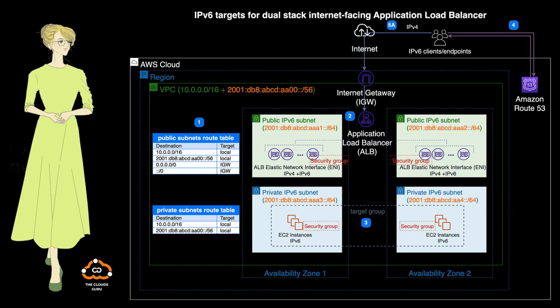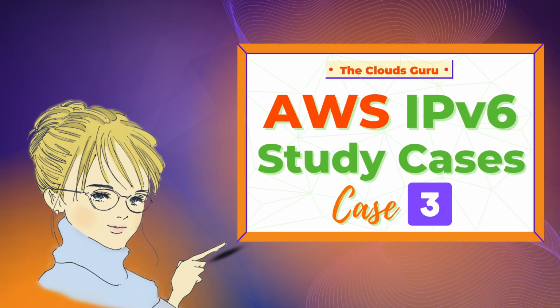Now, the clients open connections to the application endpoint, using either IPv4 or IPv6. The ALB distributes traffic to the healthy targets in the target groups using IPv6 connections. That's it for the second scenario, and we will talk about network load balancers in the next scenario.